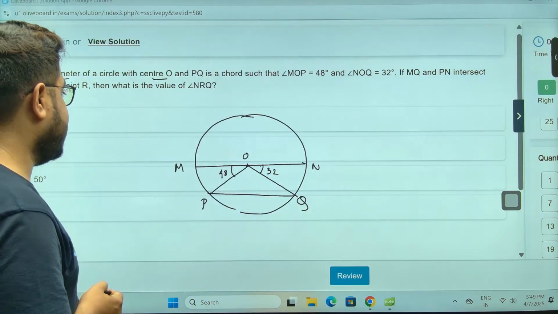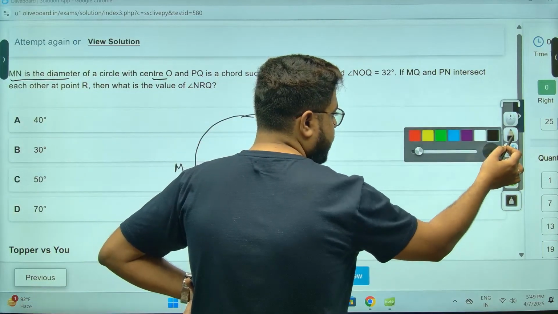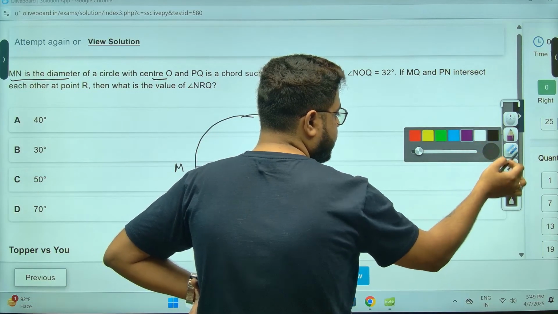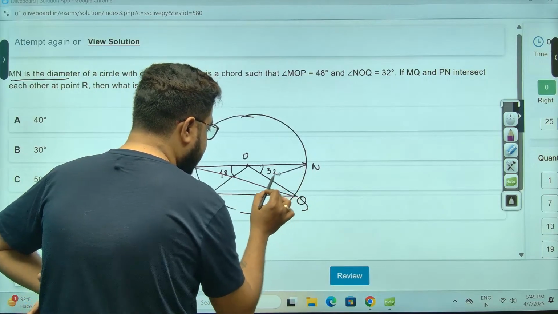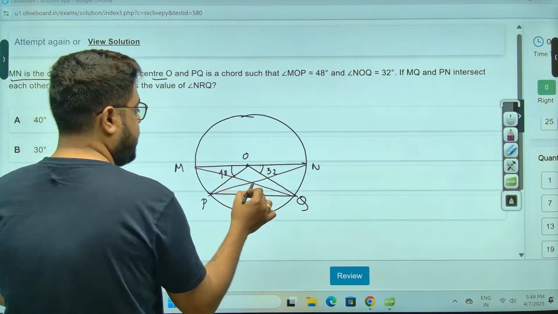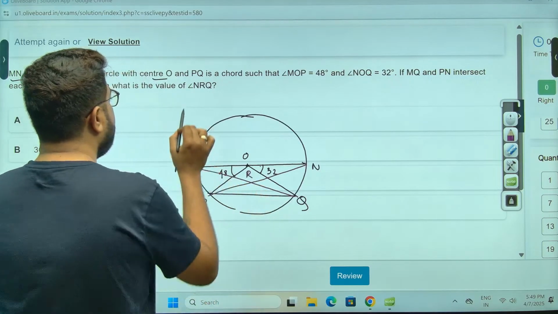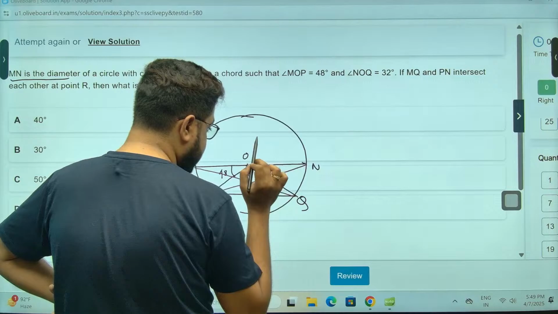MQ and PN intersect at R. What is angle NRQ? NRQ means this angle.